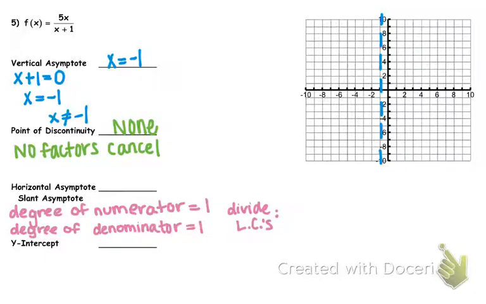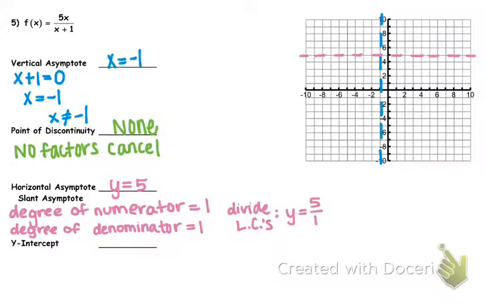The leading coefficient of the numerator is 5, and the leading coefficient of the denominator is 1. That comes from the coefficient in front of the leading term. So 5 over 1 gives us our horizontal asymptote of y equals 5. Now we can graph that.